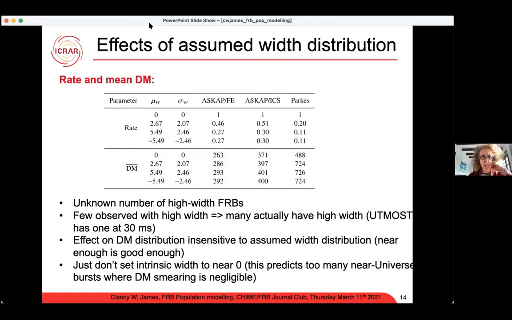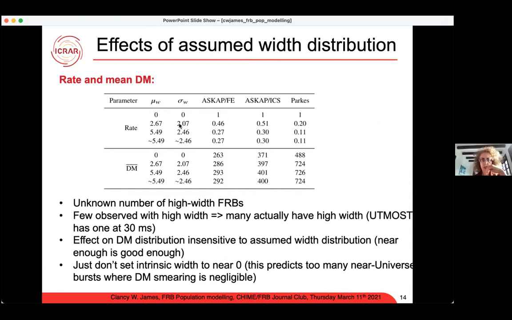So the other thing is that you can say what the effects of the assumed width distribution are. The four cases I look at here: first, assume that there's no width and that you all have an intrinsic width of 0, which you can normalize to a rate of 1.